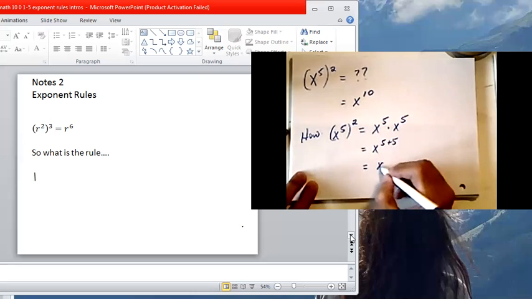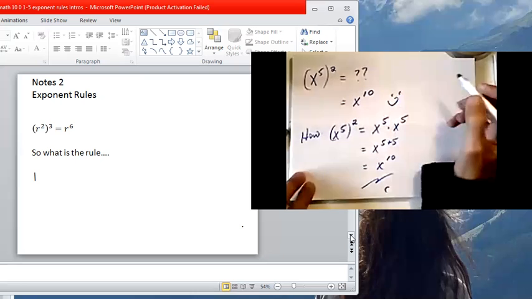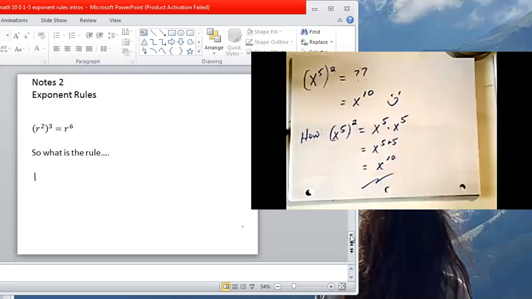And we get x to the 10. So the shortcut is way better. Saves you some writing, saves some time from your life there. Yeah, good work. So we got 3 rules so far.